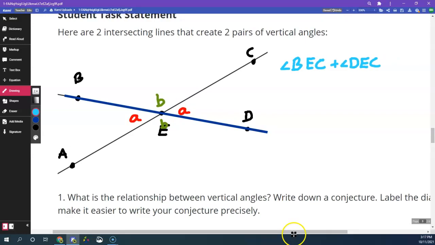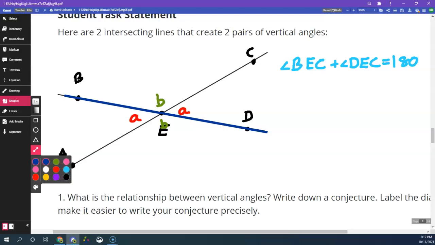We know that adds up to 180, right? Non-disputable. And we also know, well, if it's true for one line, it must be true for the other.